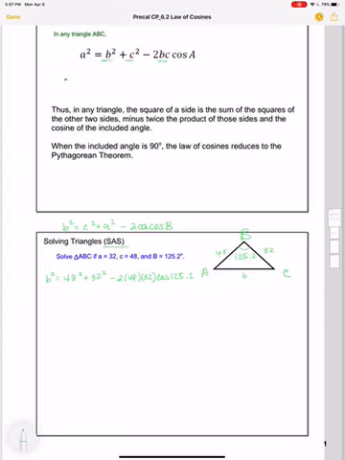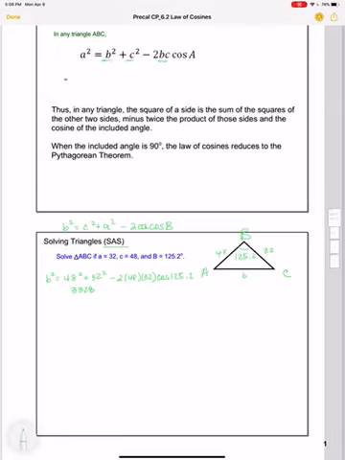48 squared plus 32 squared is 3,328. And then we have 2 times 48 times 32 times the cosine of 125.2, and that is a negative number because it's obtuse, so that's what happens.